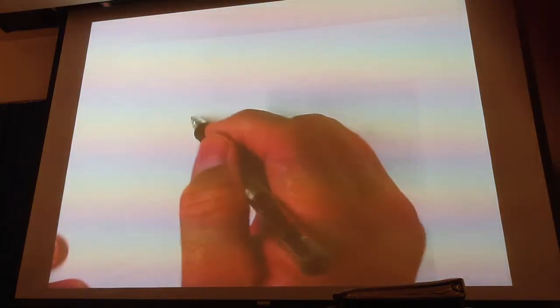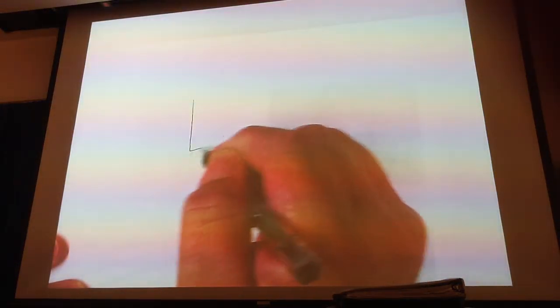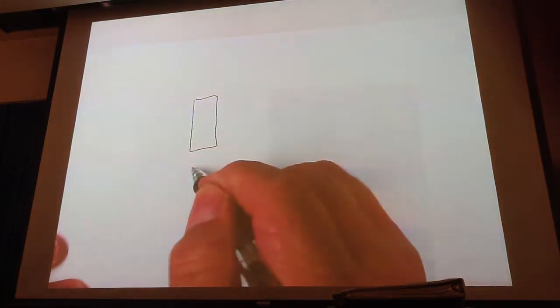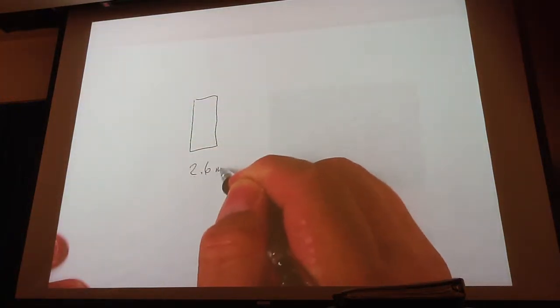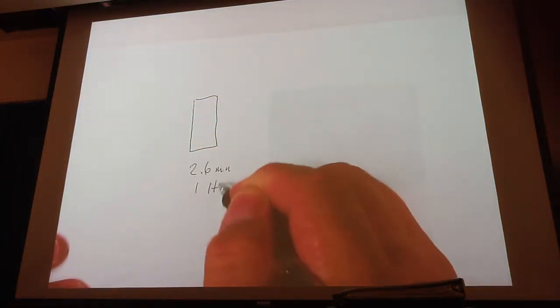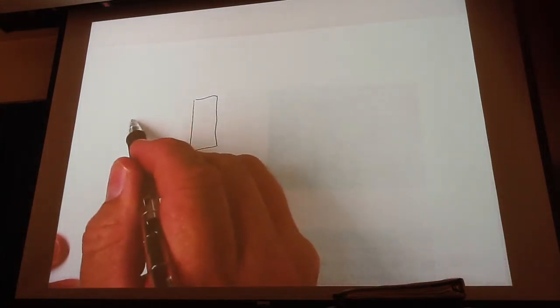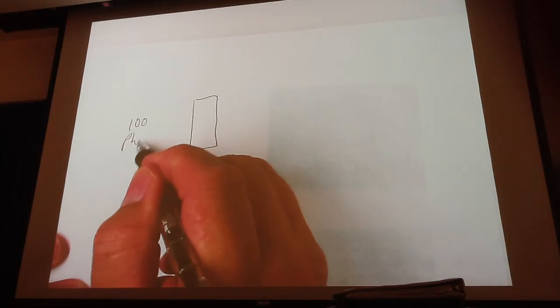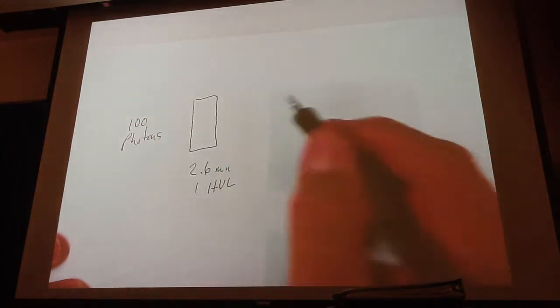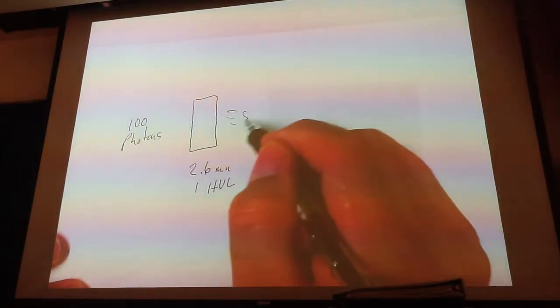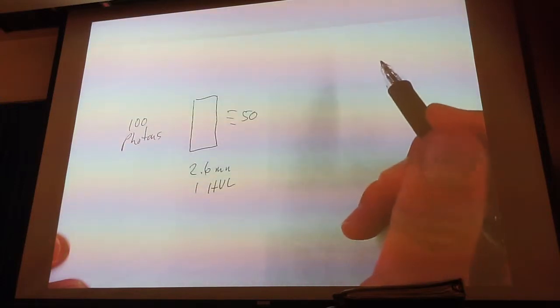Yeah, well, the question is saying, okay, 2.6 is 1 half-value layer. So that means that if you had 100 photons over here, you're going to have 50 over here, right?